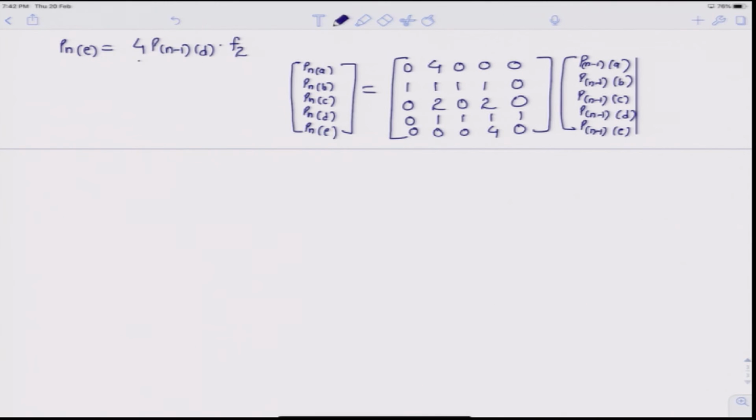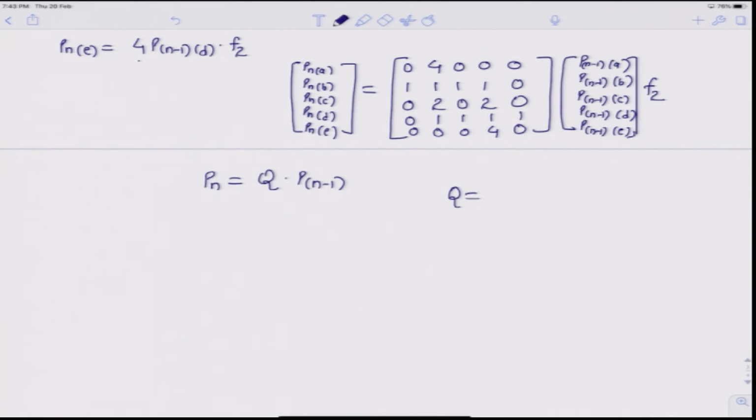So, if we call the matrix on the left hand side P n, and there should be a factor of F2, and if we call F2 times this square matrix Q, and the second column matrix here P n minus 1.